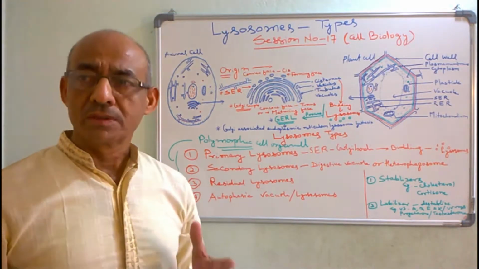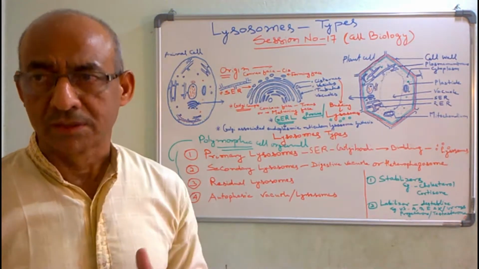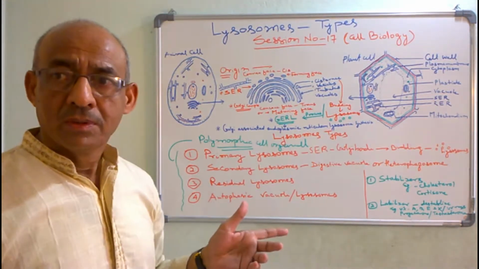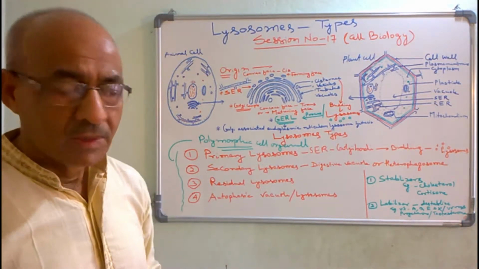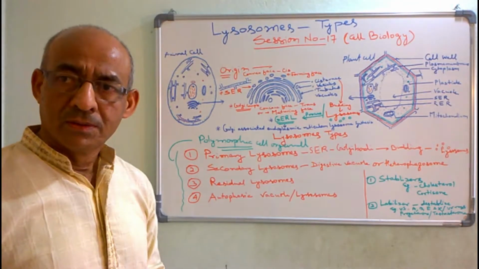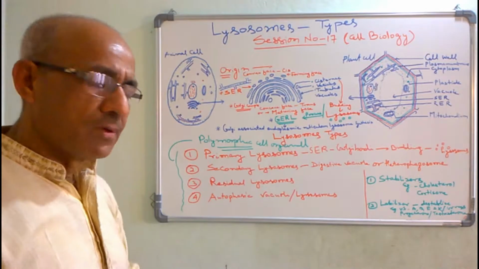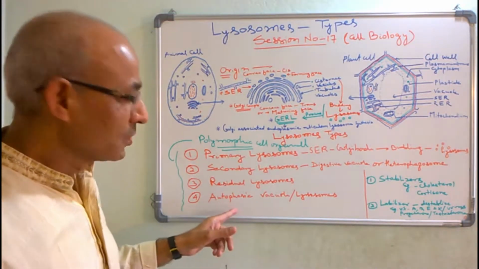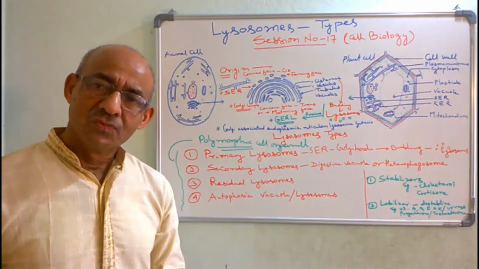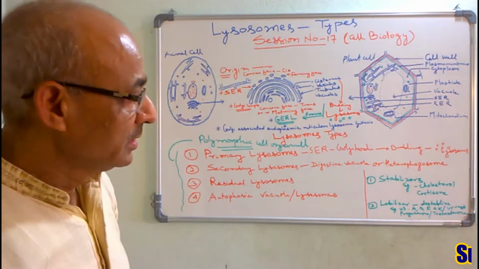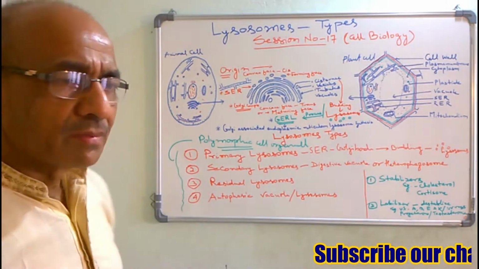This whole process is called autolysis. In that stage, the form of lysosome is called autophagic vacuoles or autophagic lysosomes.